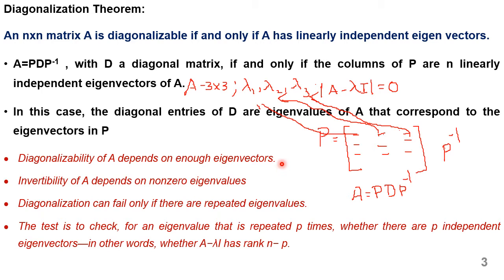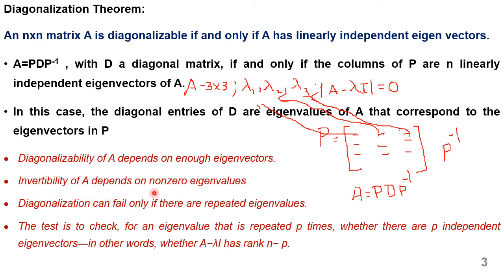Suppose we have a 3 cross 3 matrix, we will have 3 eigenvalues. Using these 3 eigenvalues, we can compute eigenvectors. And suppose one of the eigenvectors is missing, then we cannot diagonalize the given matrix A.